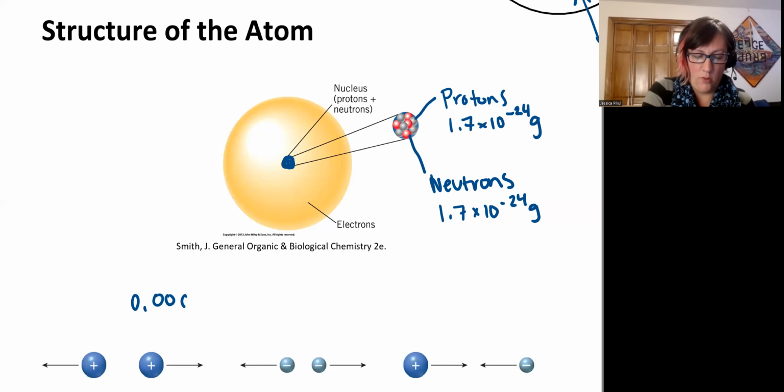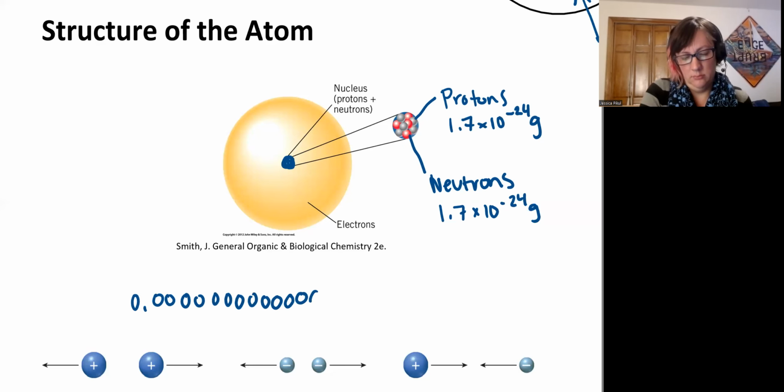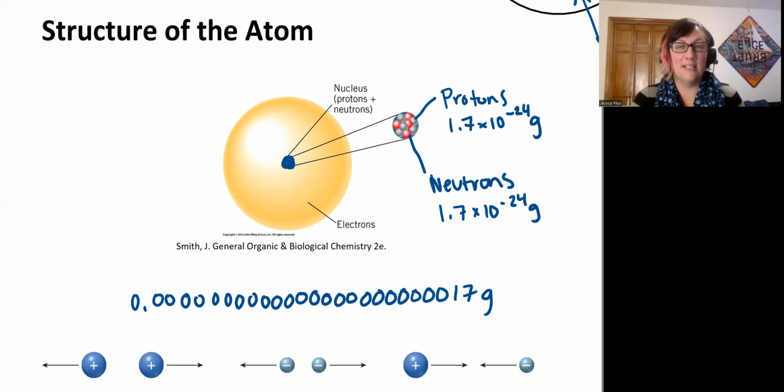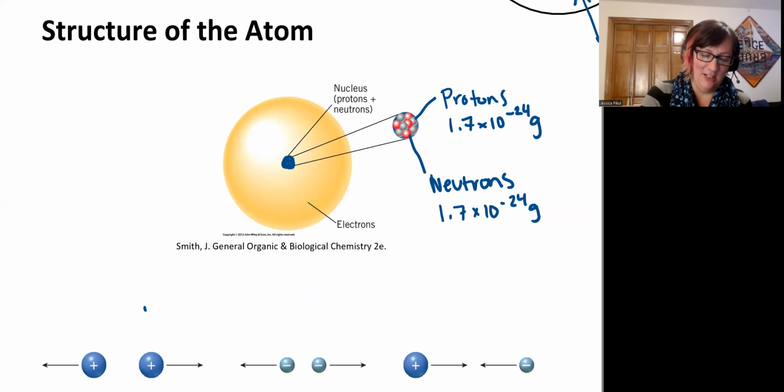Let's see. It would be that many zeros before we actually got to the 1.7 part of the gram. So this is extremely tiny. All right, let's get rid of all those zeros. So that is its mass.